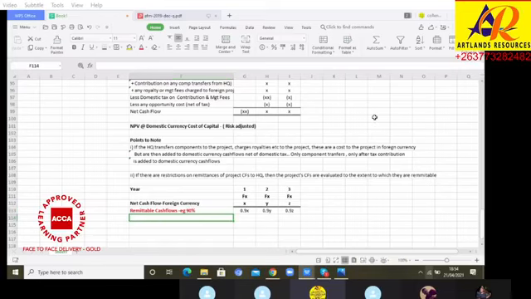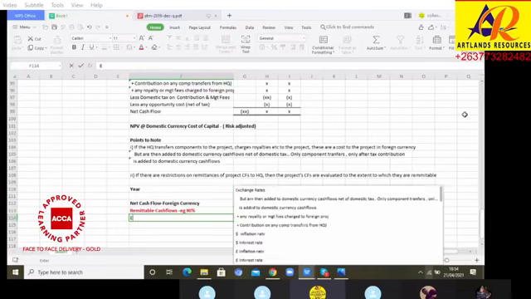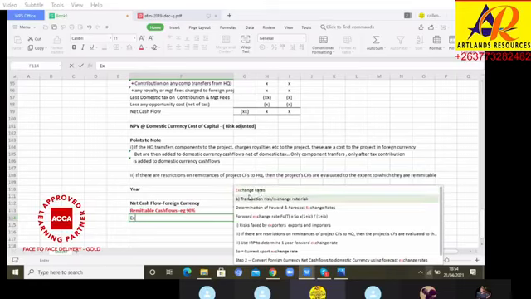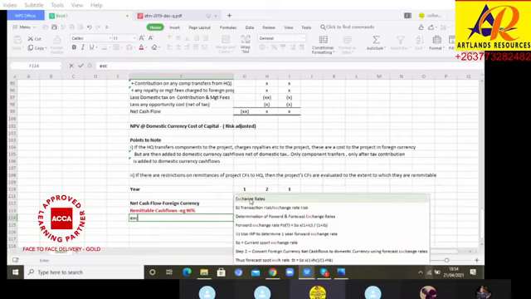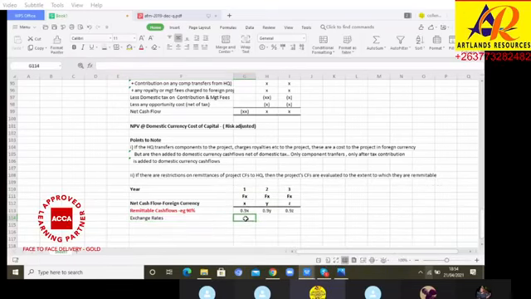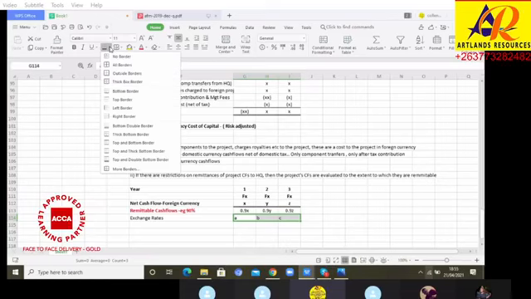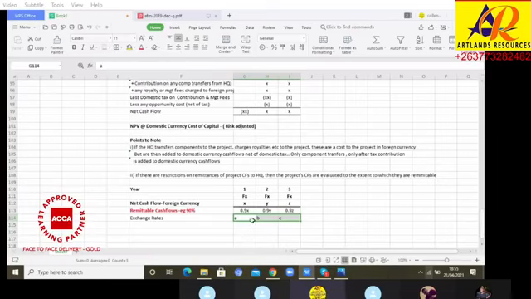Then you proceed by saying exchange rates. If they are not given, you obtain them using purchasing power parity or whatever. So these are the exchange rates now: A, B, C. Now you have your exchange rates, and then you proceed like this. And now you then put the dollar sign.